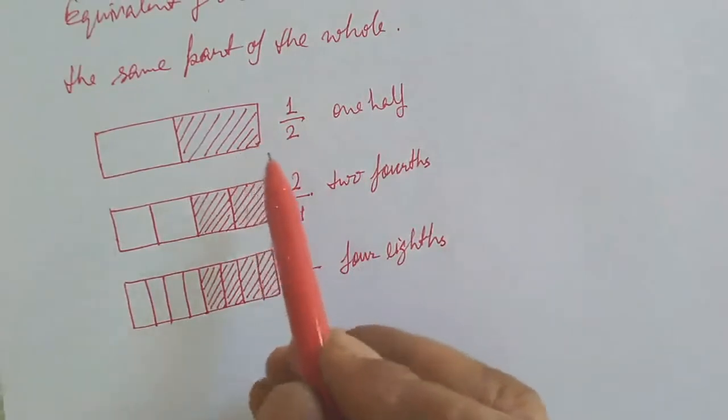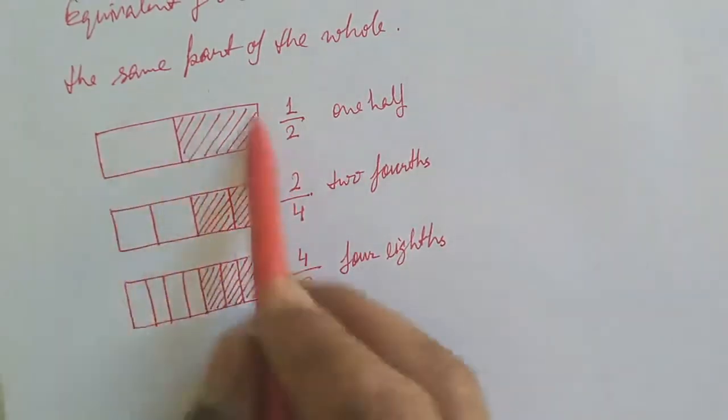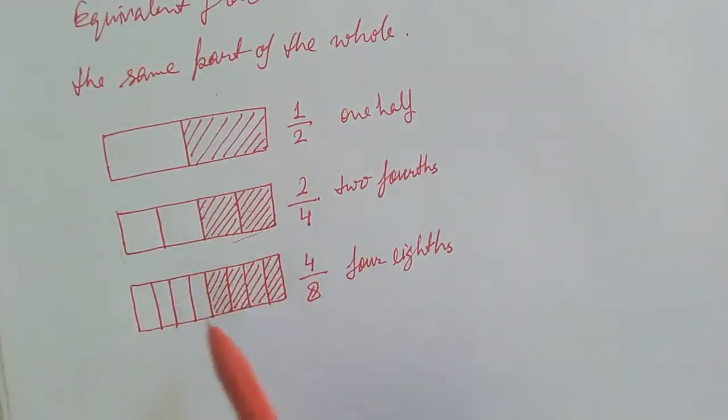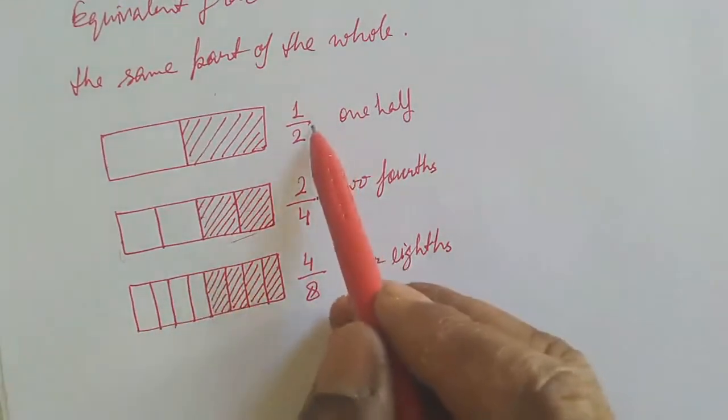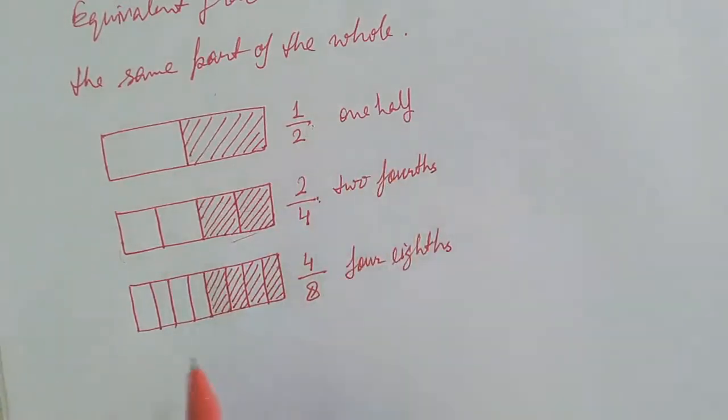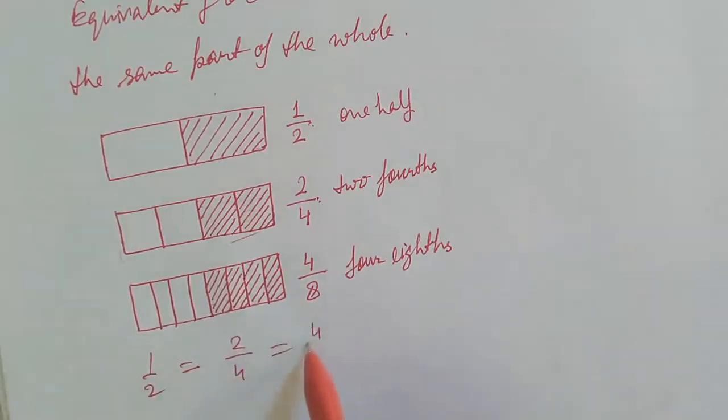So as you can see, this part out of the total and this part out of the total and this part, this fraction out of the total, they are all same. It means that 1 by 2, 2 by 4 and 4 by 8, they should be equal. So 1 by 2 is equal to 2 by 4 and this is equal to 4 by 8.